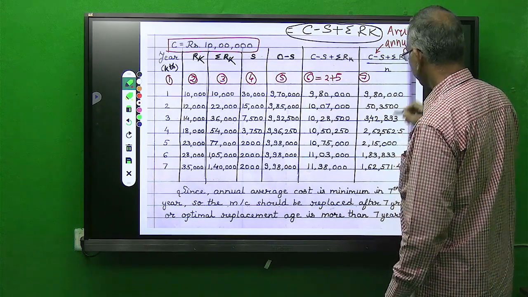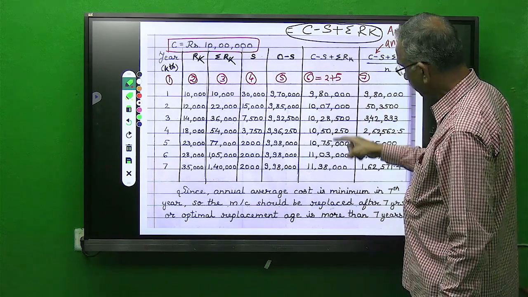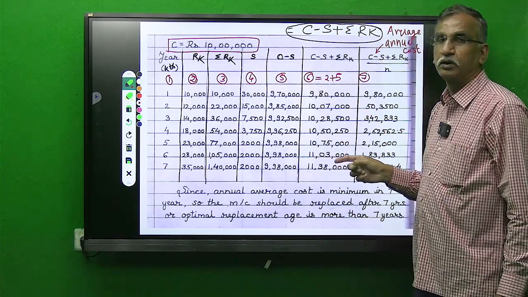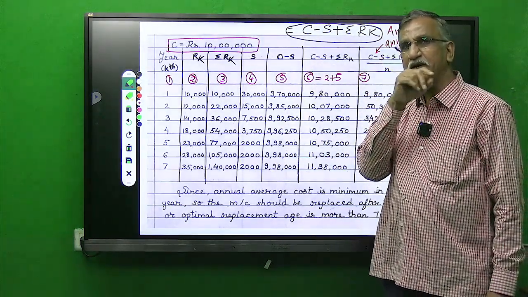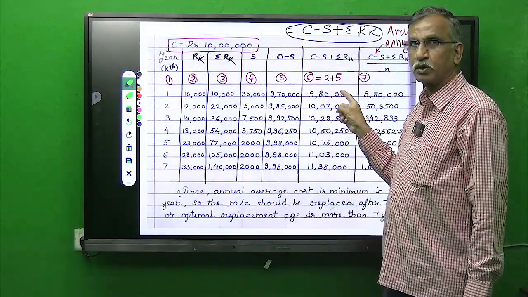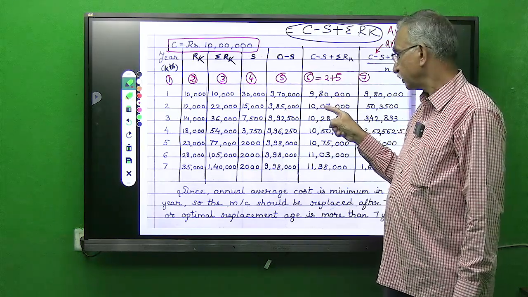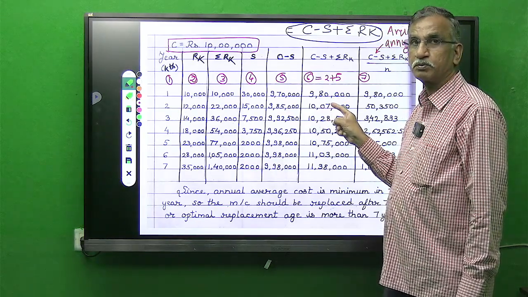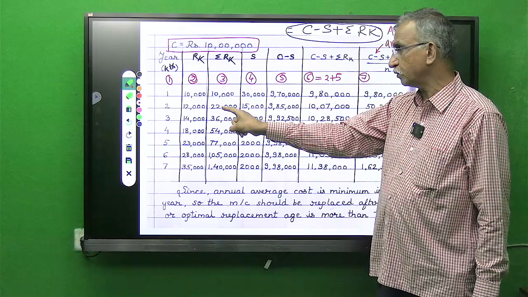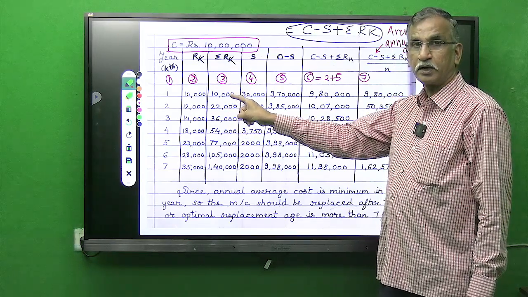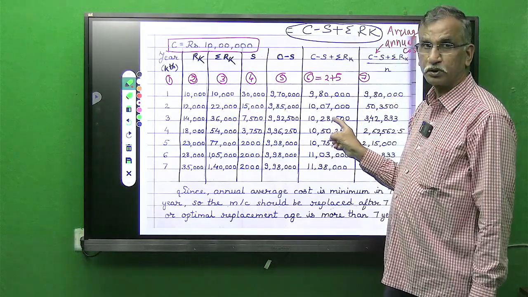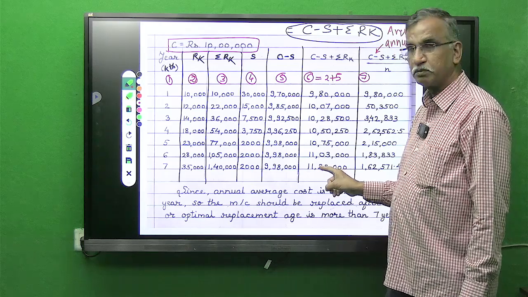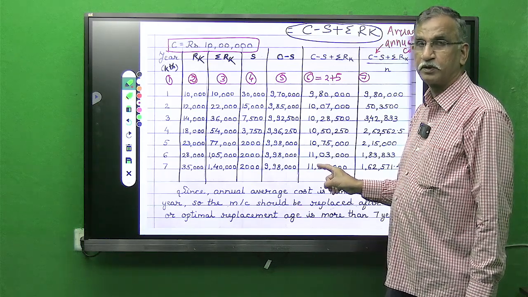Now the cost which we have calculated is not the cost for that particular one year. No doubt it is the cost for a single year here, but here it is the cost for 2 years, because it is the summation of R1 and R2. Here this is for 3 years, here this is for 4, similarly this is for 7 years.